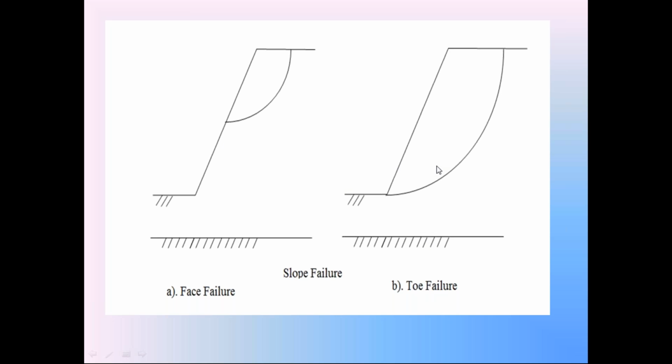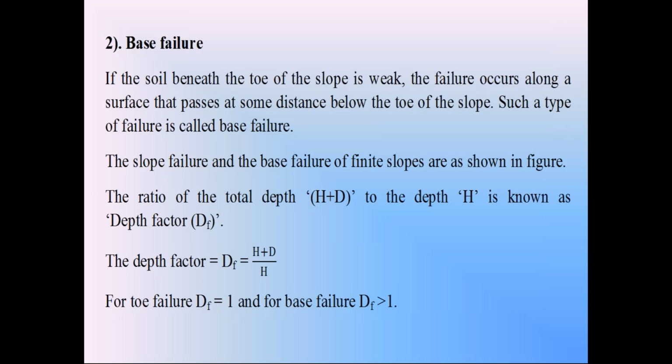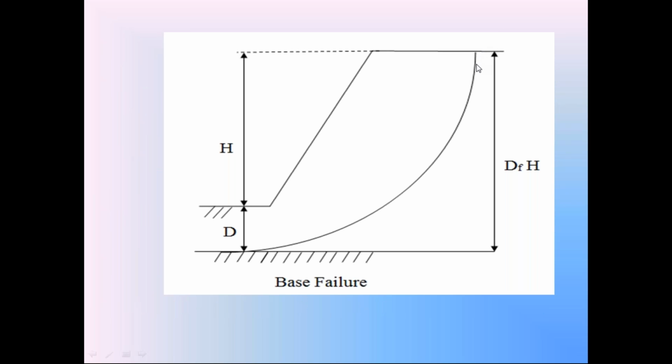Apart from these two, the third type of rotational failure is base failure. That is important. In the base failure, the curved failure surface passes like that. It is tangential to the hard stratum. Below this embankment, we normally have the hard stratum.